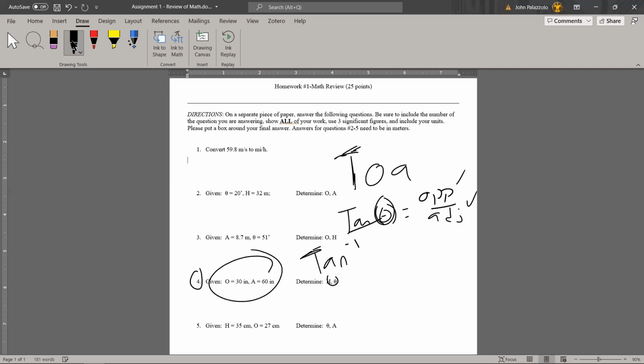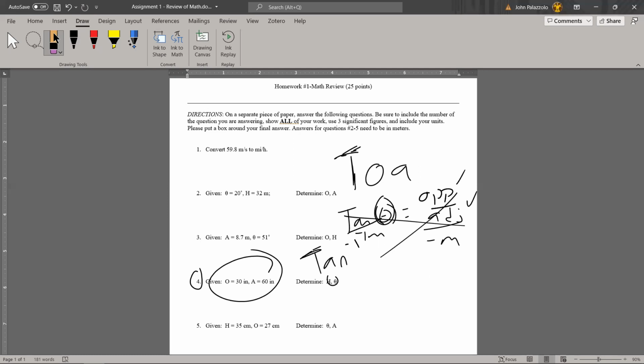So instead of dividing both sides by tan, which you can't do, you can simply take the inverse of tan, multiply that by the opposite over the adjacent. And that will give you your answer for theta in degrees. Remember, you're using three significant figures for all of the questions unless it's otherwise indicated.